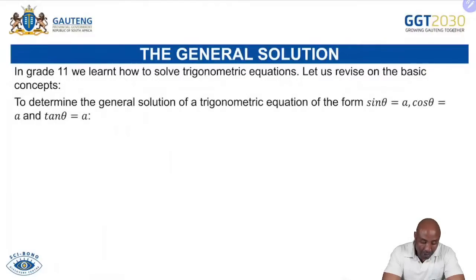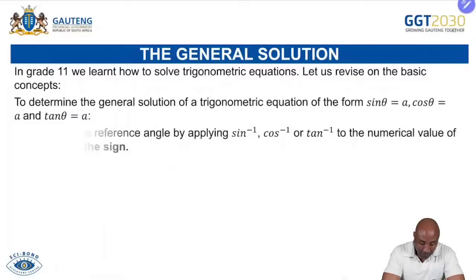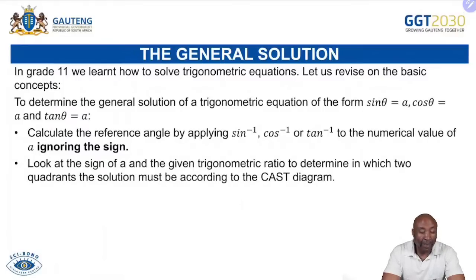Also, the general solution concept, we should be able to find the general solution of our trigonometric equations. Sin theta equals A, cos theta equals A, tan theta equals A. We know we find our reference angle, we ignore the sign, and then depending on the quadrants, you are able to find the solutions in the given quadrants. And remember, we always add the k times.